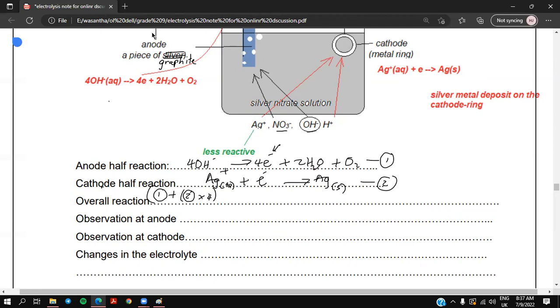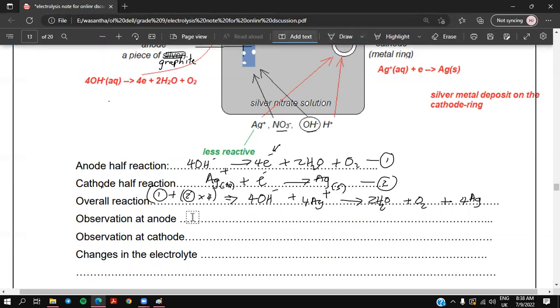To cancel the electrons and write the final ionic equation, overall equation. 4 OH minus plus on the second reaction, we have silver. But because you multiply by 4, I can write 4 Ag plus. Electrons cancel out, giving 2 H2O plus O2 plus 4 Ag.